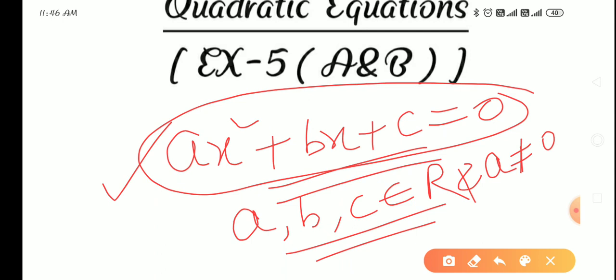So you have to keep in mind, any equation which is in the form of ax square plus bx plus c equals 0 will be called a quadratic equation, where a, b, c are real numbers and a is not equal to 0.